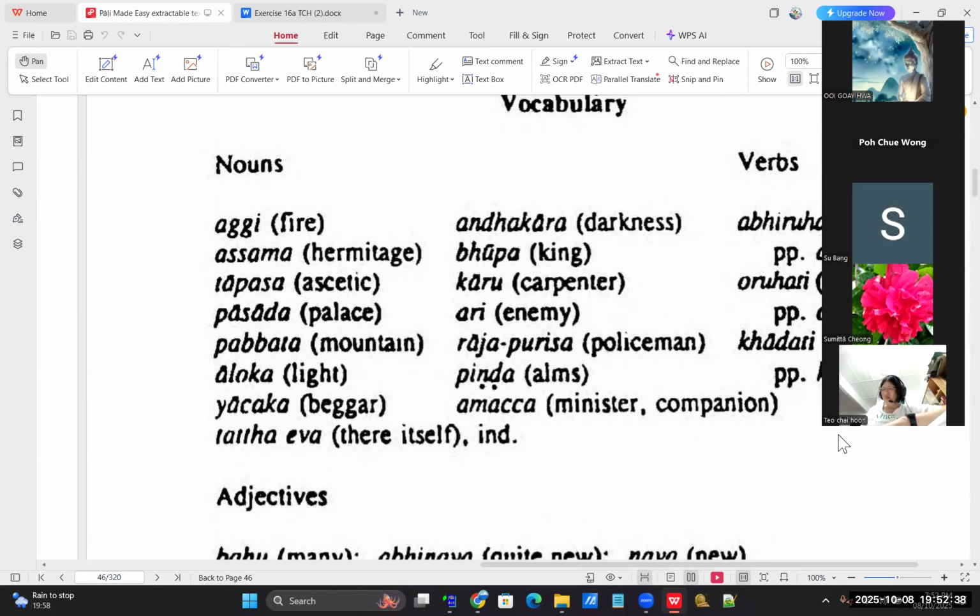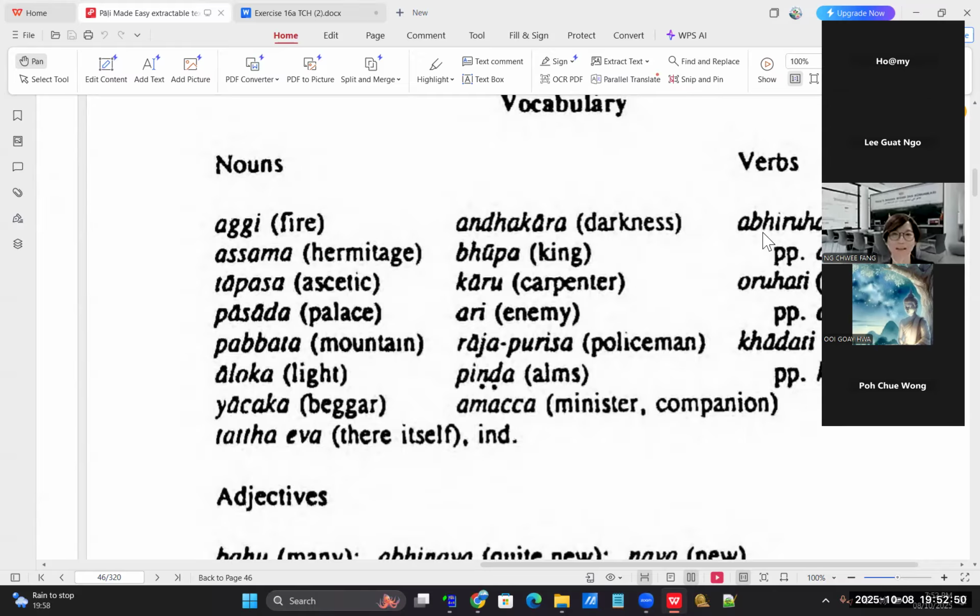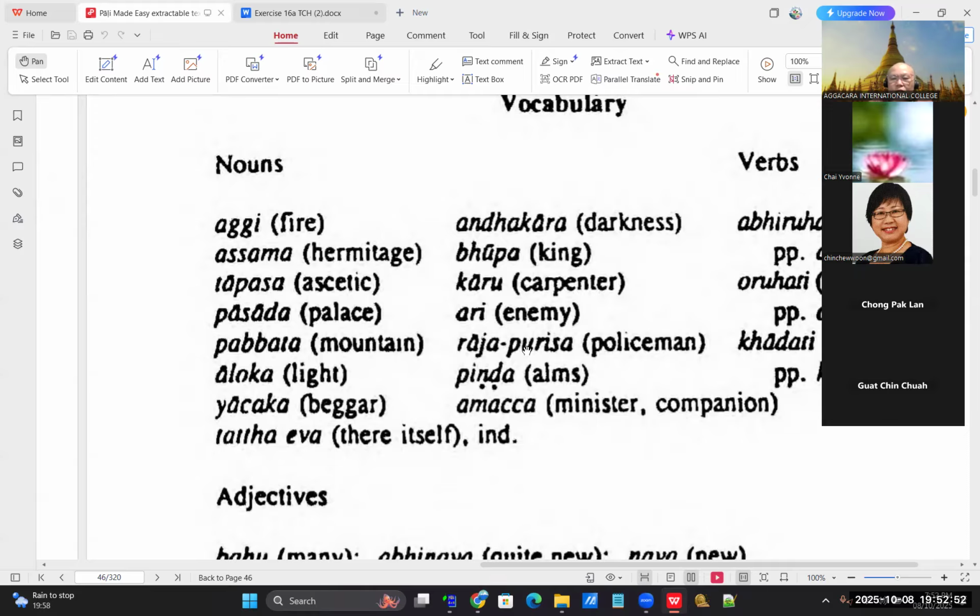I think you saw this before, maybe before this lesson. So rāja is what? King. Purisa, what is purisa? Man. So man belonging to the king, or king's man. Direct translation will be king's man. King's man means policeman.